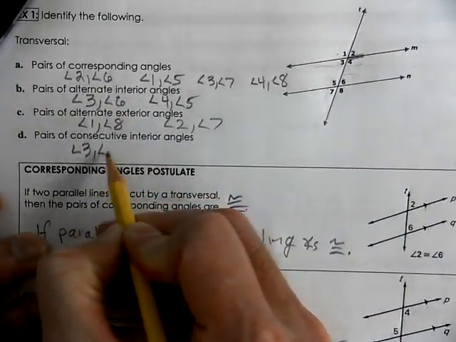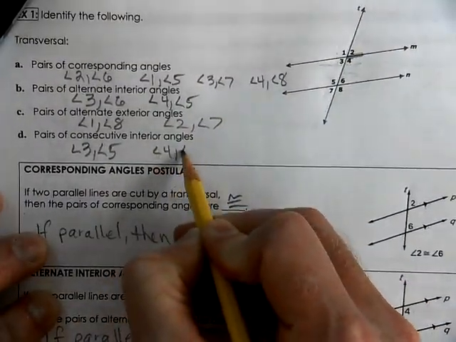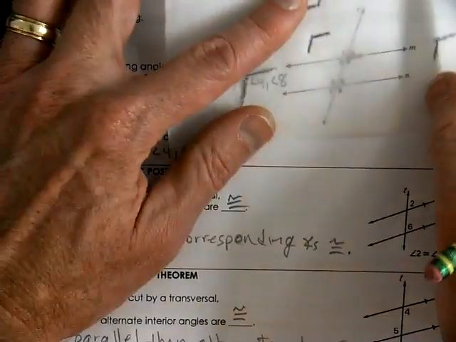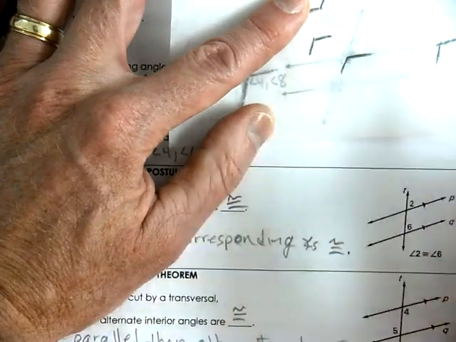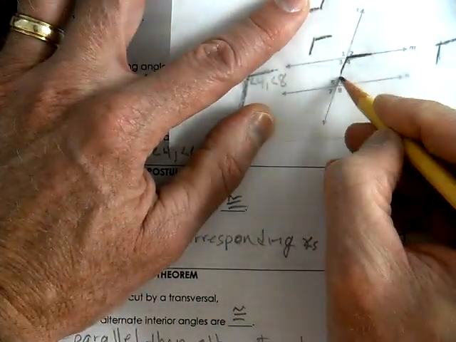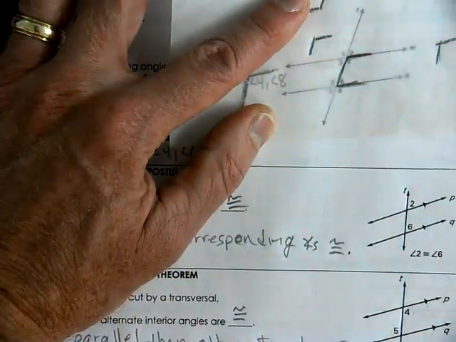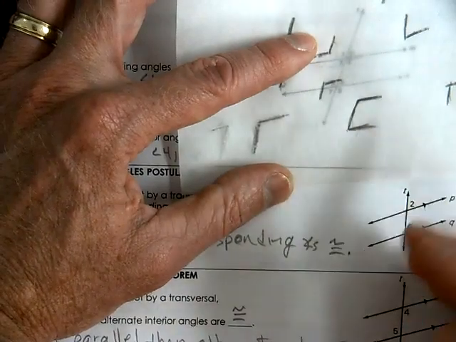Angle 3, angle 5. Angle 4, angle 6. Now look at what happens when we trace those out. That's angle 4, angle 6. We often call that a C shape.